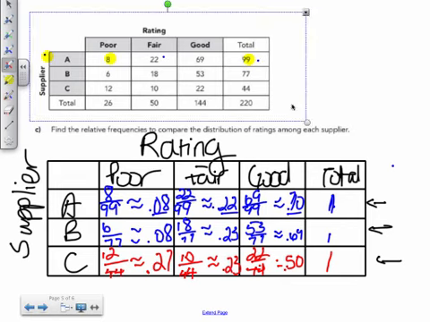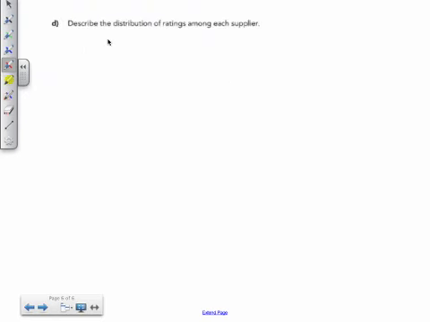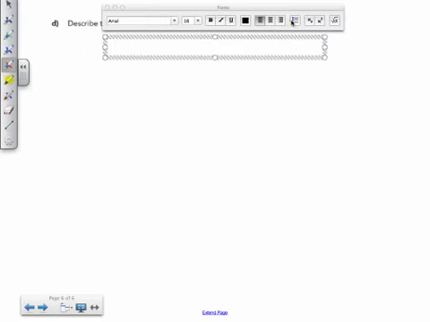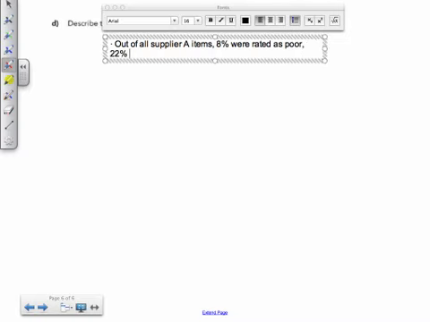We would say out of all supplier A items, 8% were rated as poor, 22% were rated as fair, and 69% were rated as good.